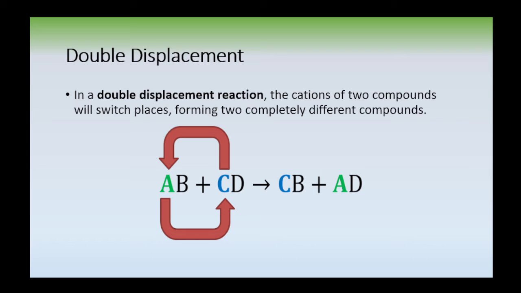Double displacement reactions. In a double displacement reaction, the cations of two compounds will switch places, forming two completely different compounds. In this case, note that it's the first element in the compound for both of these compounds that is switching places. AB plus CD, A and C are switching places, giving you arrow CB plus AD.